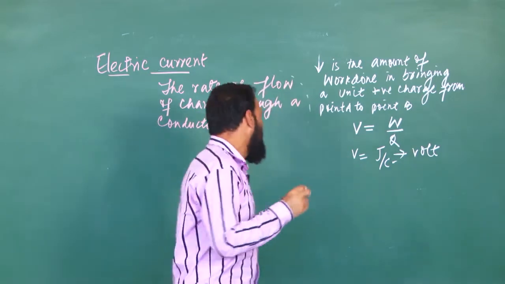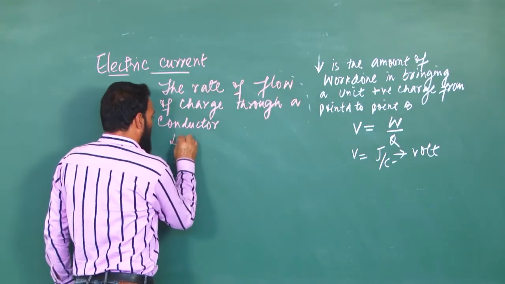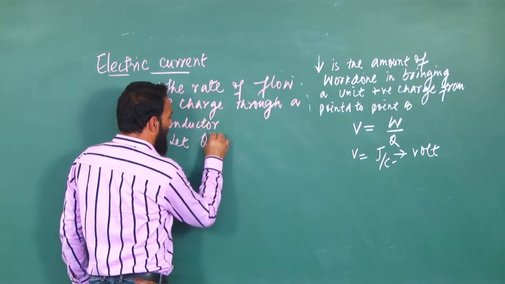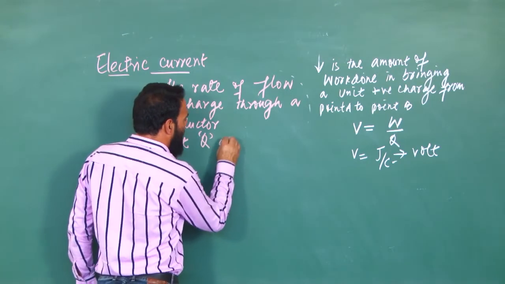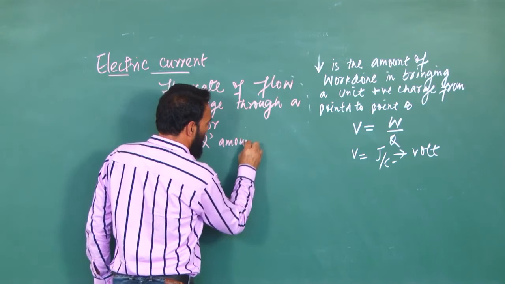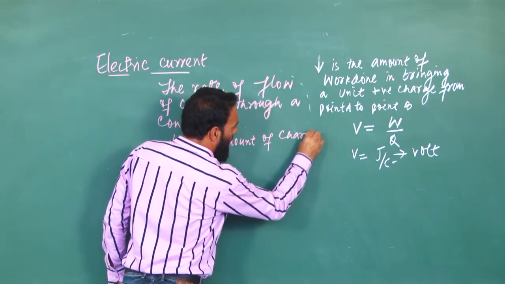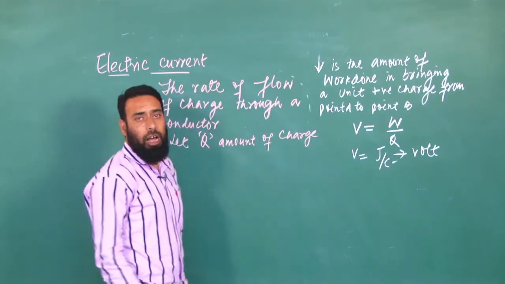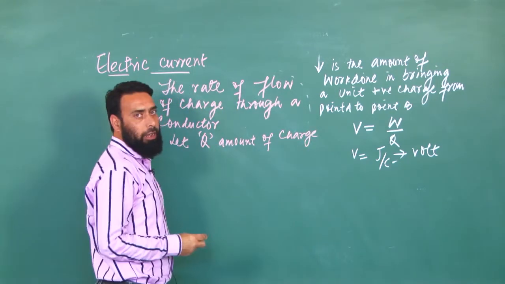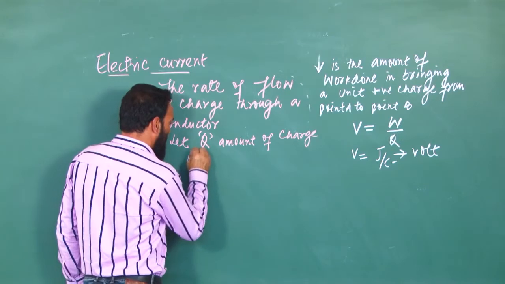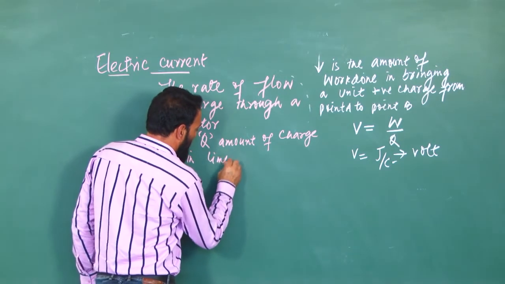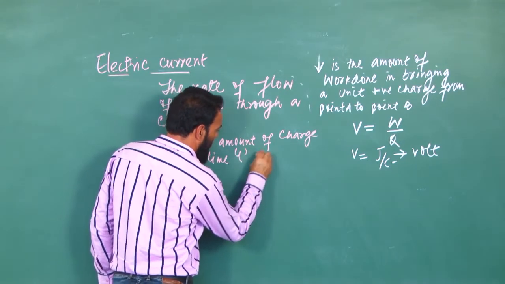Let us take an example. Let Q amount of charge be flowing through a conductor in time t seconds.